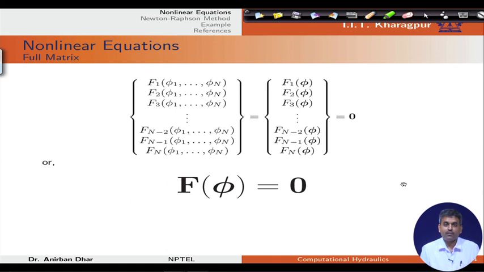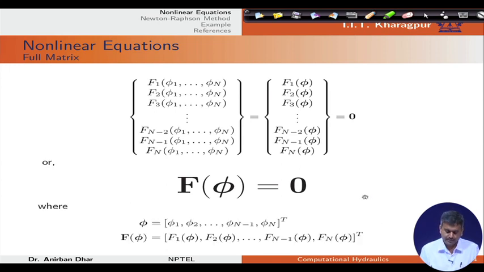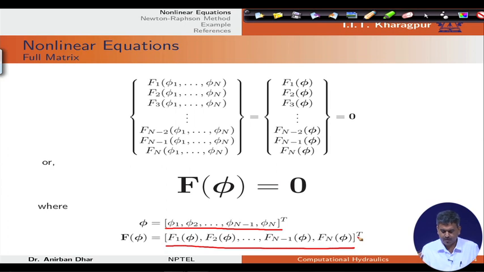So, we have to solve this nonlinear system of equations, and phi, this vector, is represented as a column vector. I have used transpose. Similarly, f is also a column vector like this one.